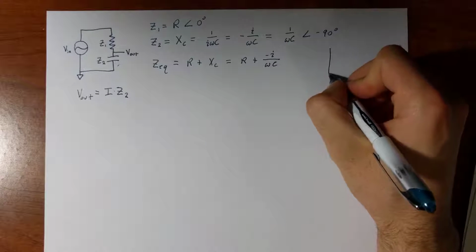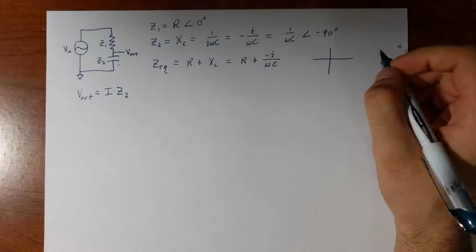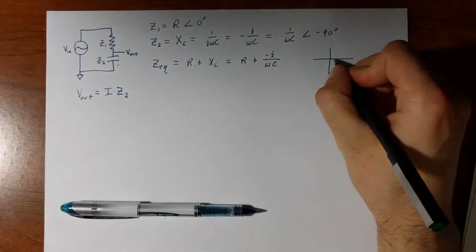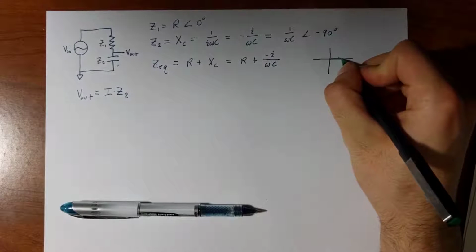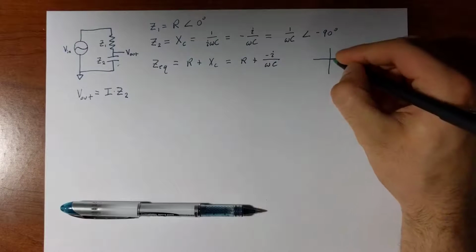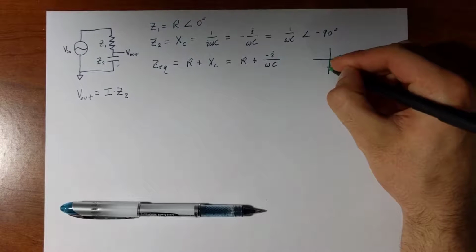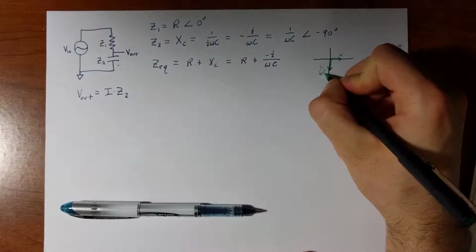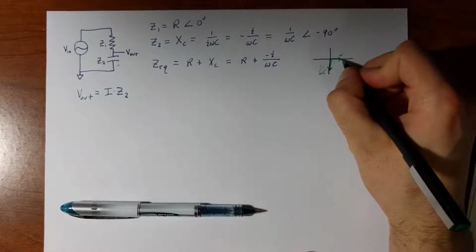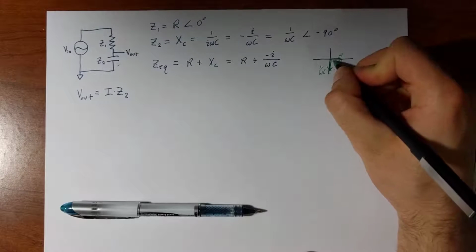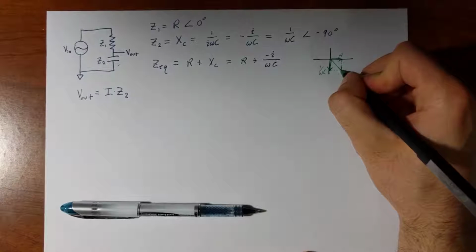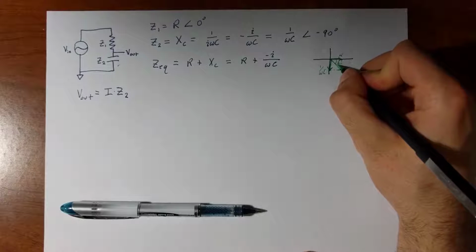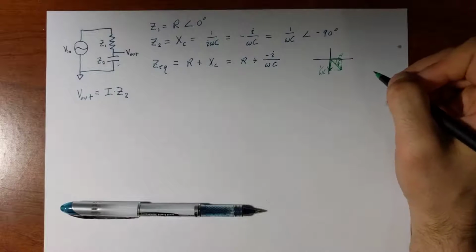And if we look at our phase diagram, I have a resistance along this axis, R, and then along my negative y-axis, I have my reactance, the magnitude of my reactance, 1 over omega C, and so my combination of those would be a vector in this direction where we're going to define our angle phi as coming from the positive x-axis.